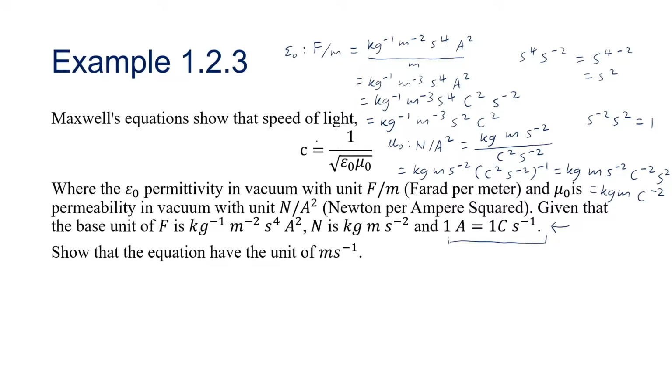So finally, we have to apply this equation, c equals 1 over square root of epsilon naught and mu naught. Now we write in terms of unit, we get 1 over something.